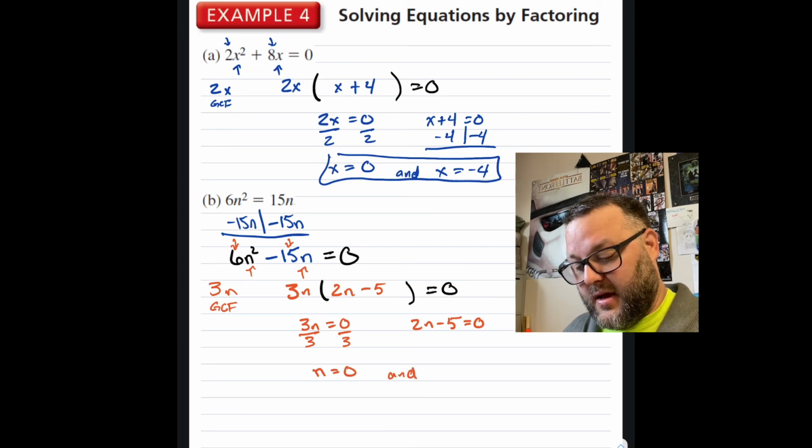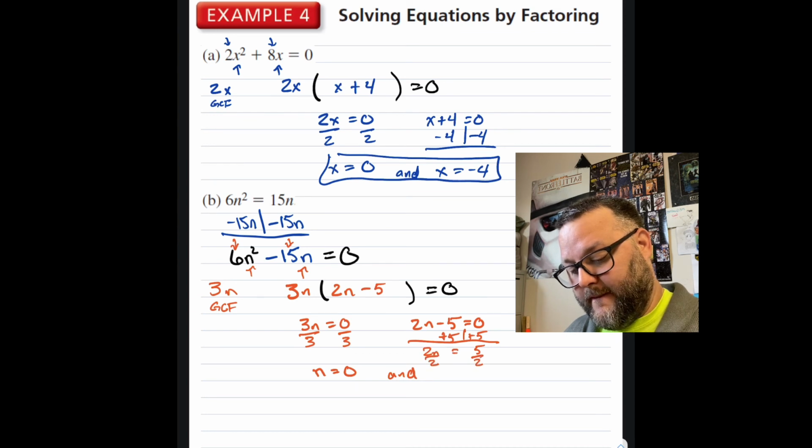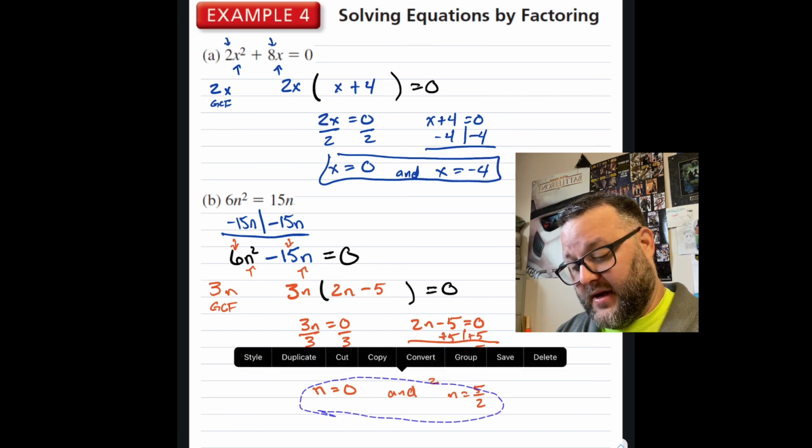And I get add 5. Divide by 2. So n is equal to 0 and n is equal to 5/2.